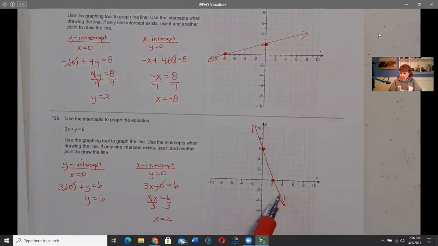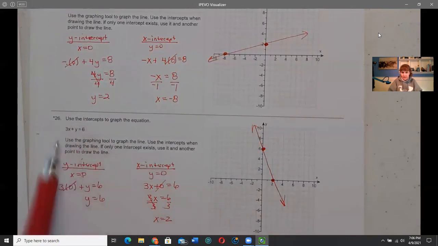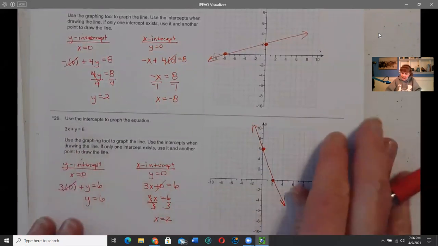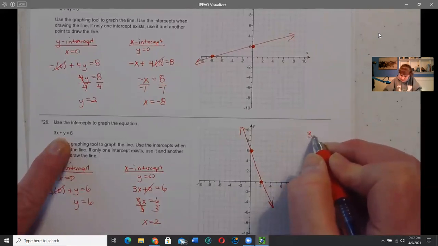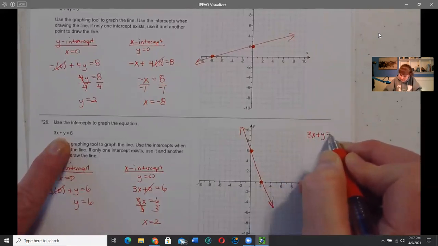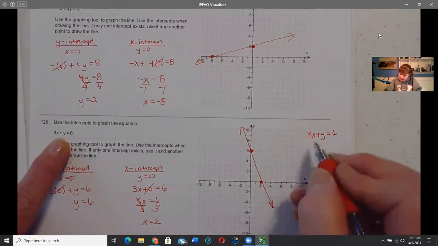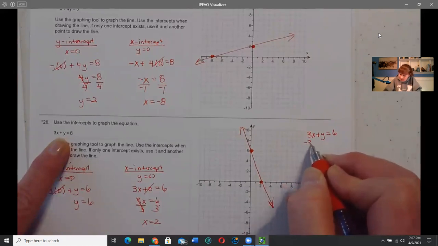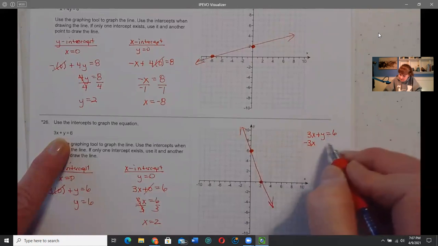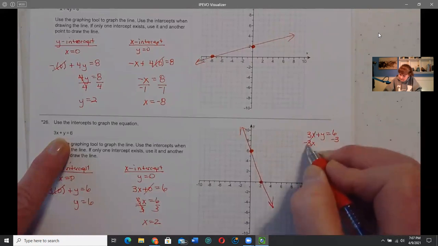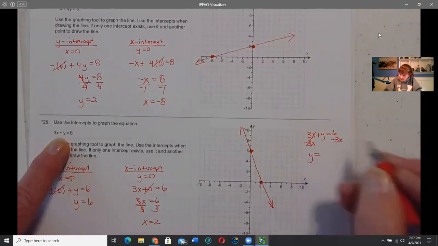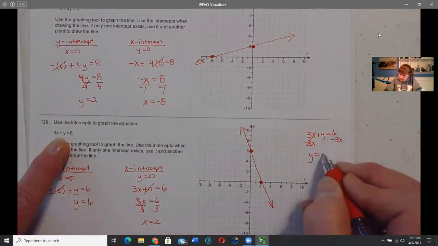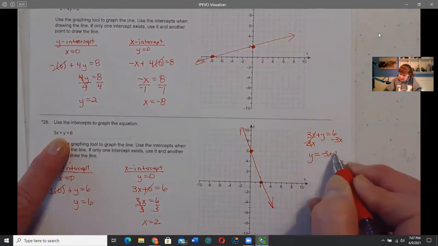All right. Now, in order to use the slope-intercept method, we have to have the y by itself. So what I'm going to do to get the y by itself is I'm going to subtract 3x. Let's say I didn't want to use this method. So I have y equals a negative 3x plus 6.